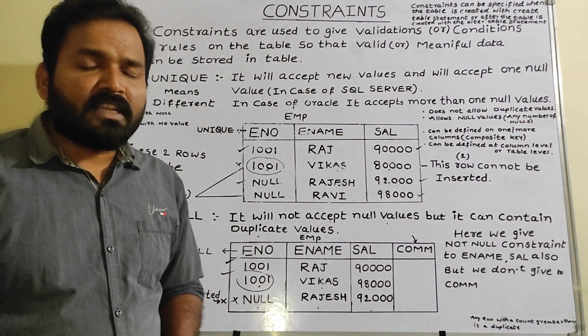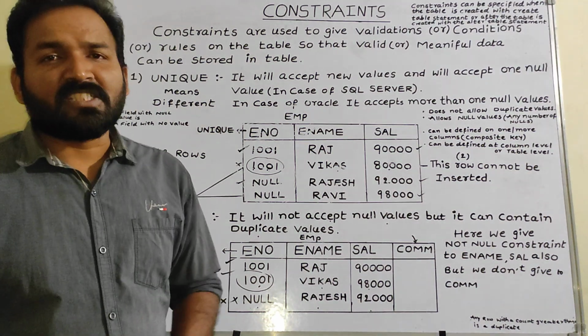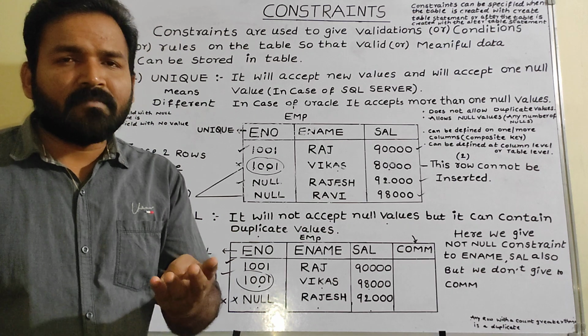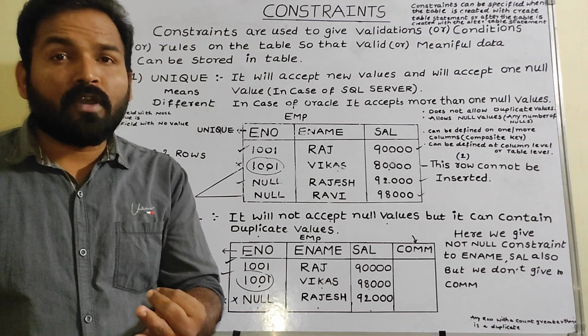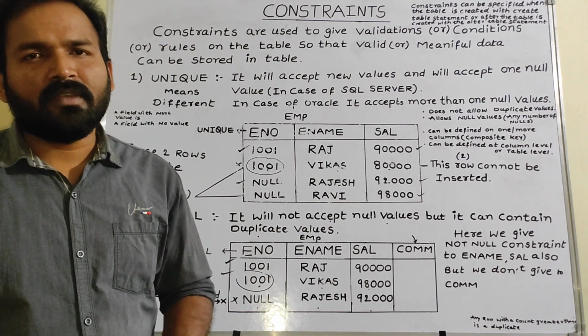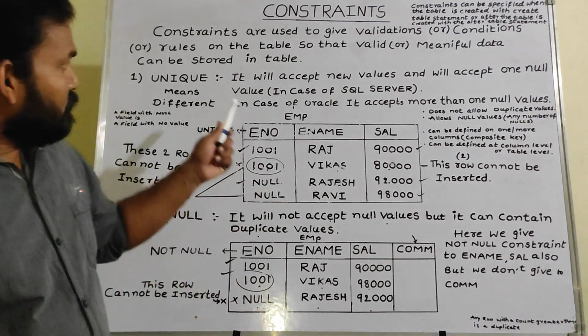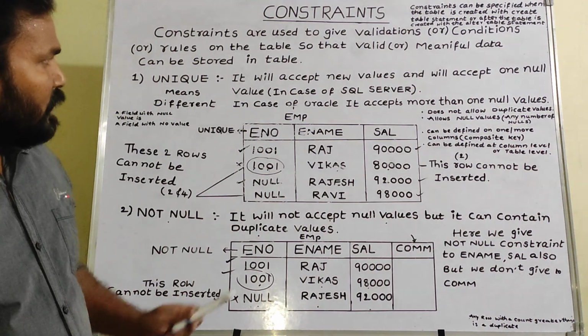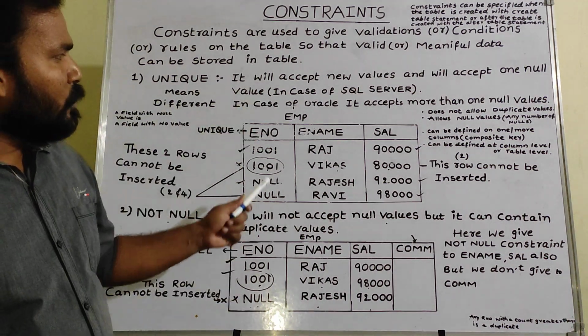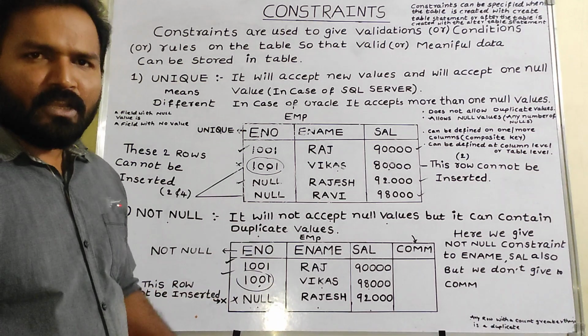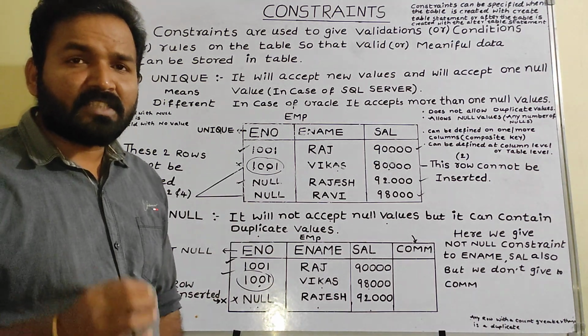In the next session, we'll see the remaining constraints, primary key, check, default, and foreign key, in detail with examples. So is it clear? The unique constraint will accept only unique values. Unique means different.